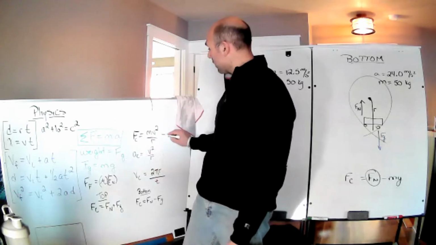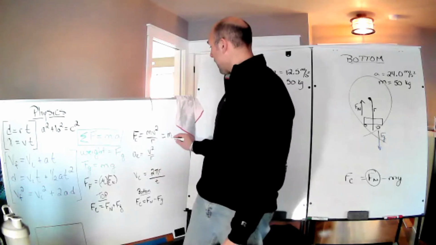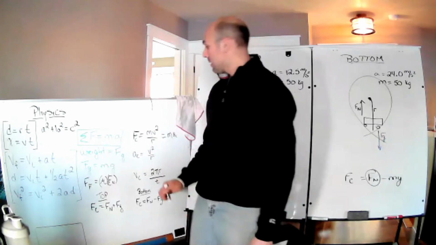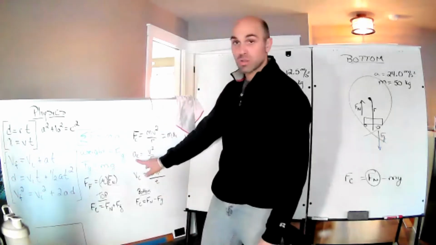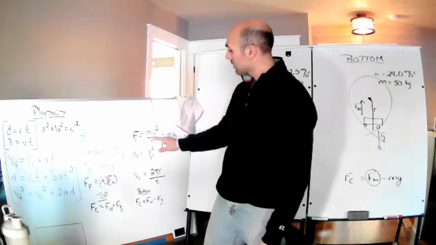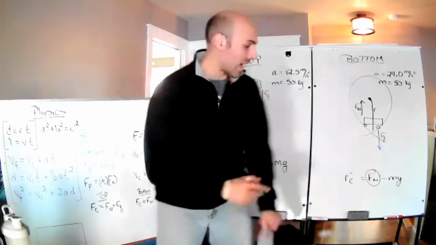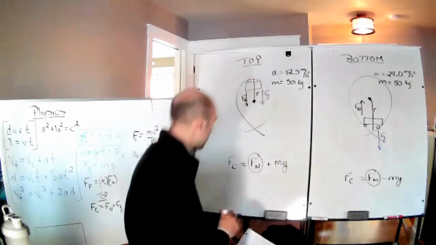Fc can also equal, and I know you've done this in some of your other problems, m times ac. Because remember, the centripetal acceleration is v squared over r, that's the same thing. So it's really just mass times centripetal acceleration. That's what the Fc is.